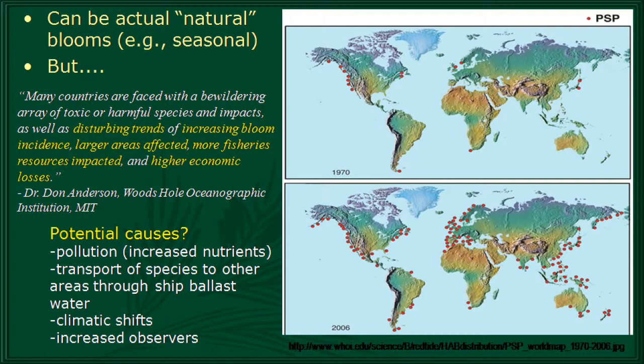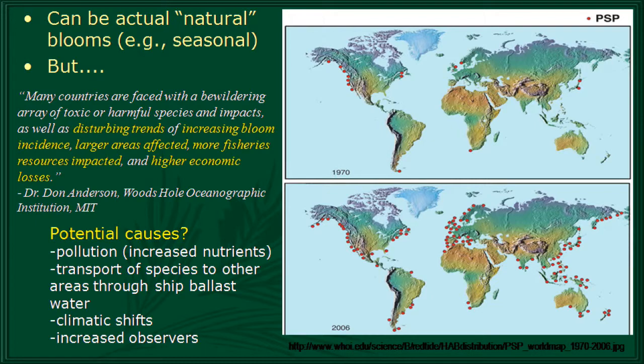Other potential causes that are implicated for the spread of HABs are climatic shifts. So with warming waters or shifting weather patterns or climate patterns, that can eventually promote growth of certain species in certain areas or more areas.